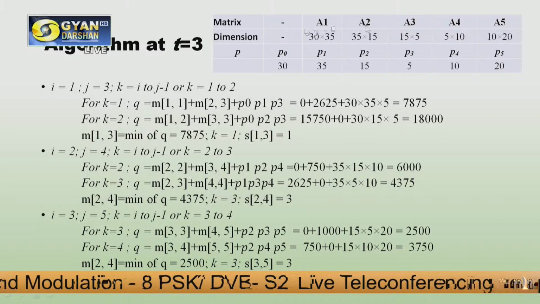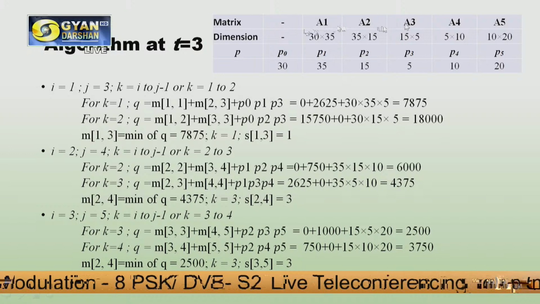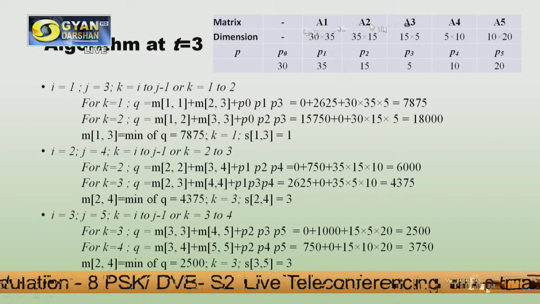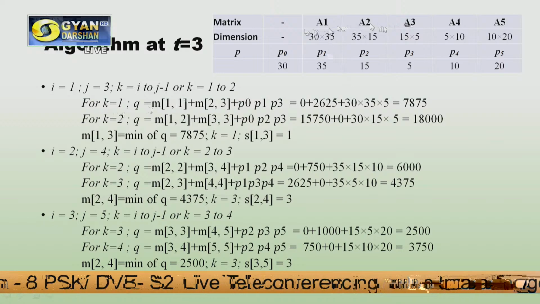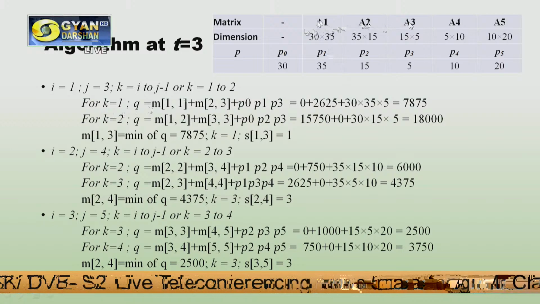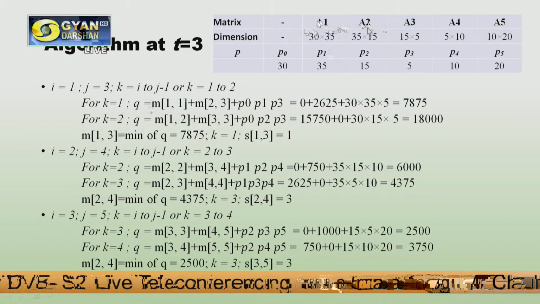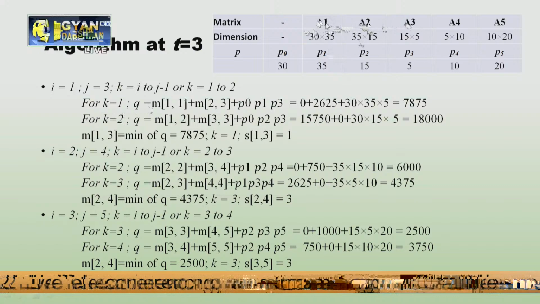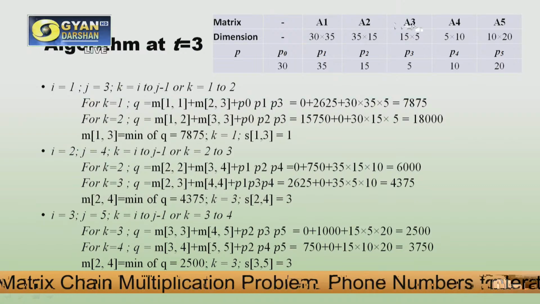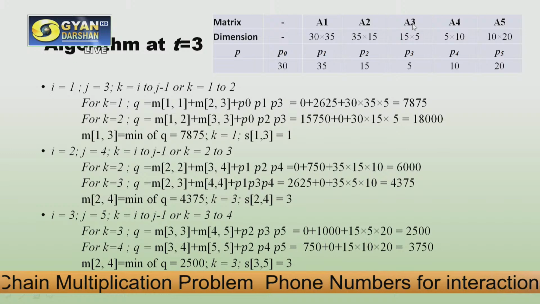You are multiplying three matrices together. So one possibility is when k equals 1, that means A1 is separate and you multiply A2, A3. Or the second one is when k equals 2, you multiply A2, A3 first and then multiply A3 with the result. So this is what it means.